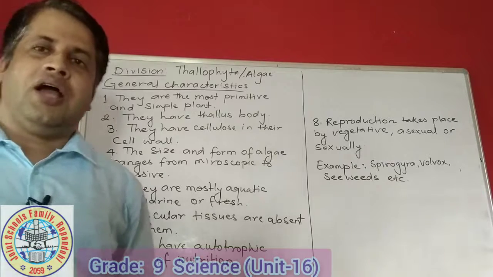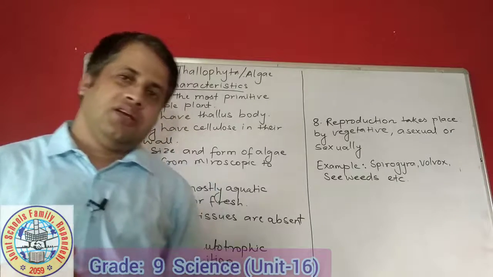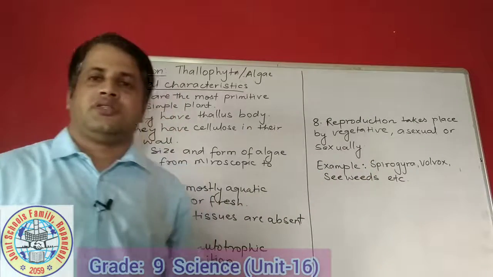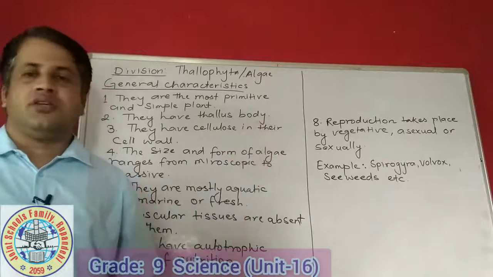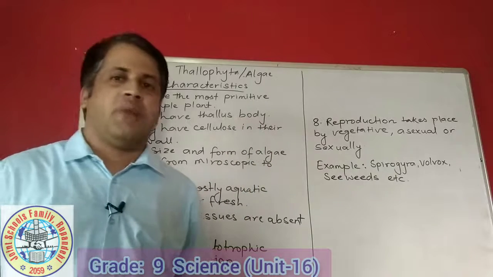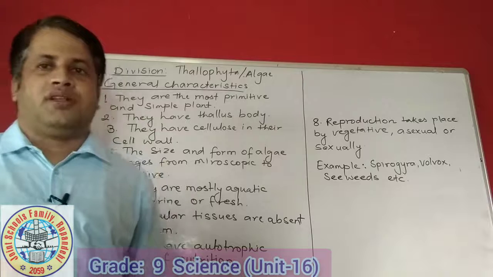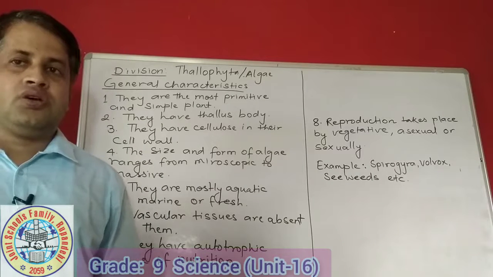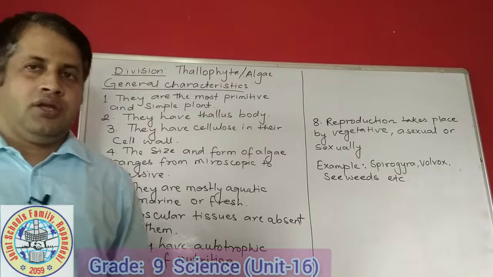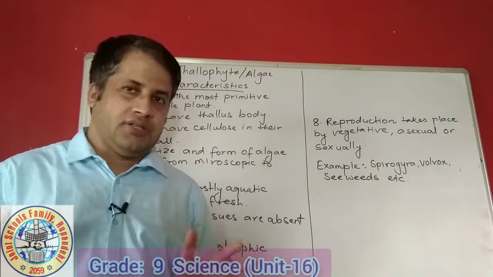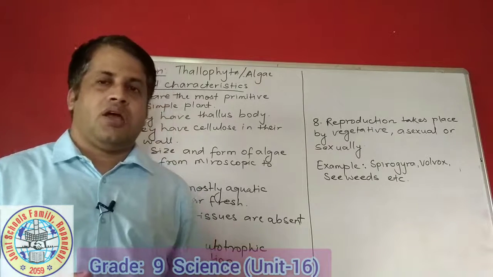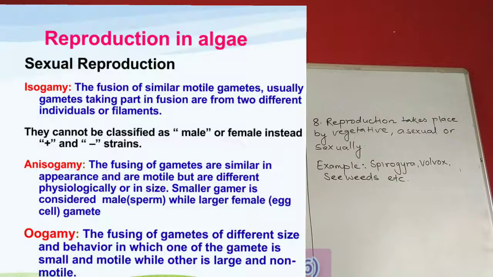We will discuss asexual reproduction more in higher classes. Another type of reproduction in this division is the sexual method, in which there is fusion of two gametes. The fusion may be of isogamete type.